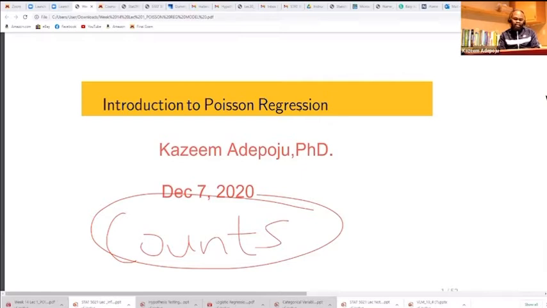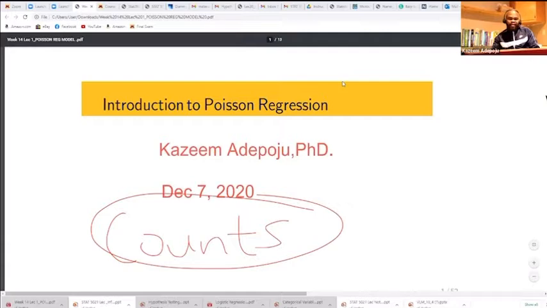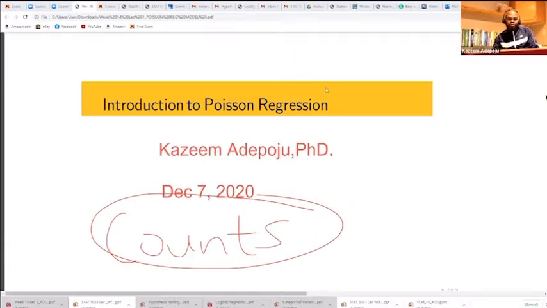I'm going to say that again: the number of occurrences in a fixed interval, where the occurrence of events is more or less likely to be a rare event. I'm going to give you an example of such, where the response variable is still quantitative in nature, but is count data.